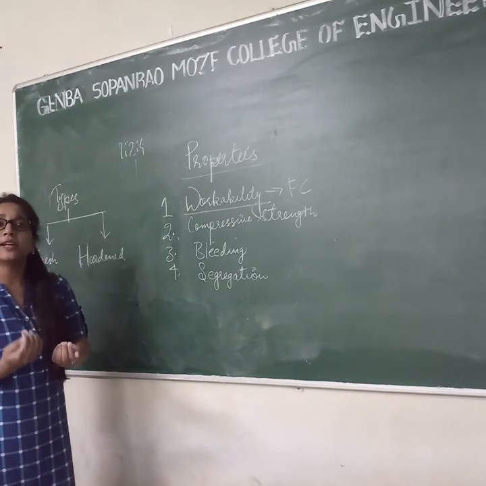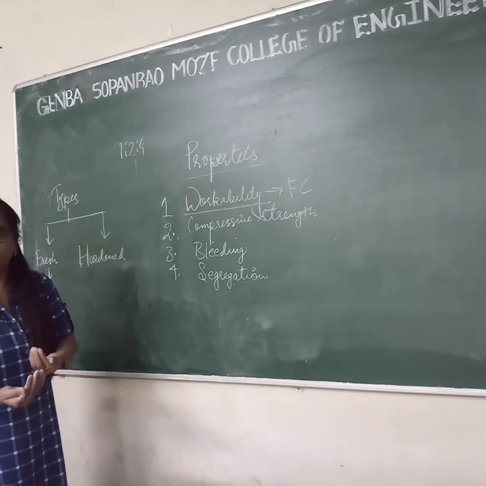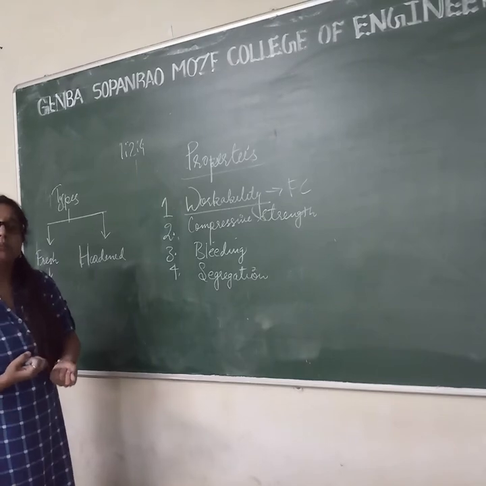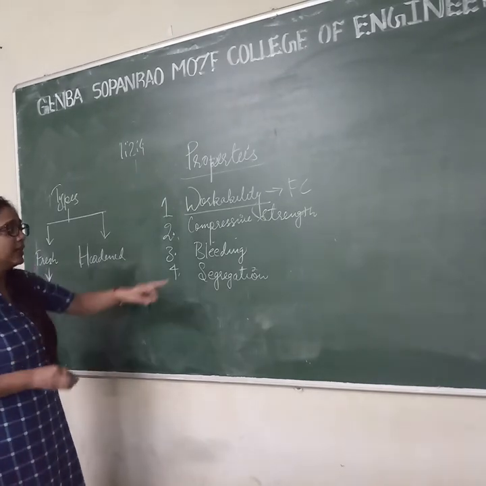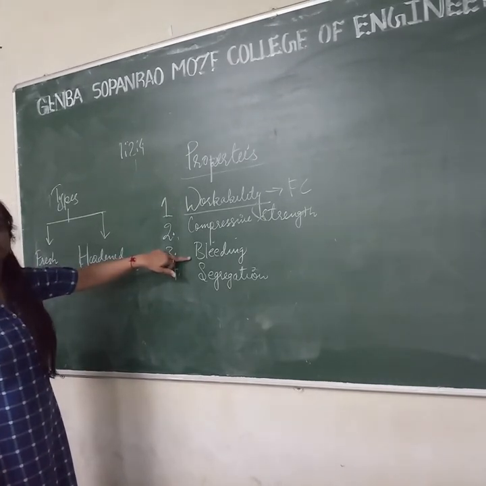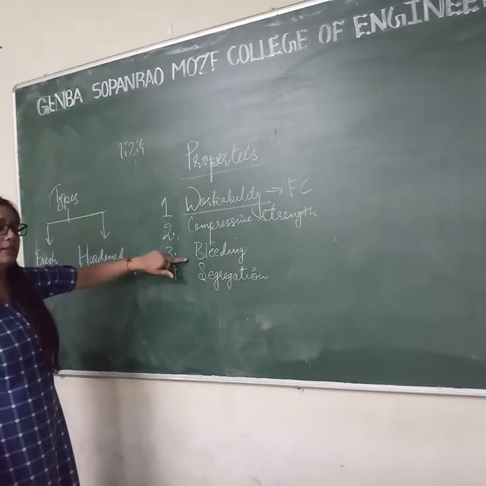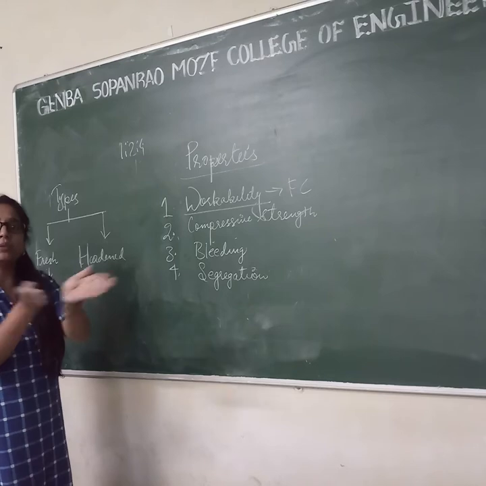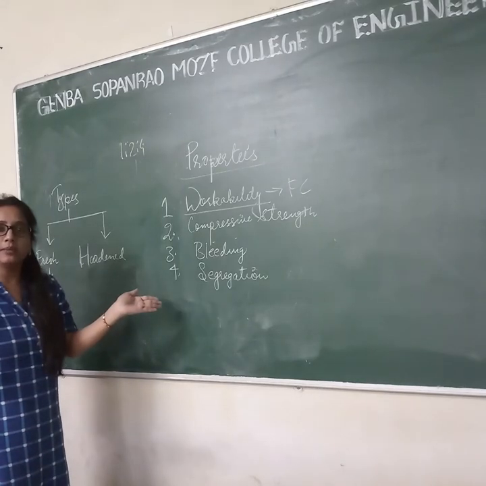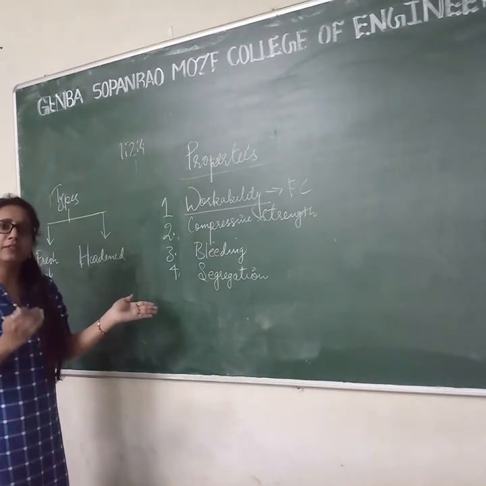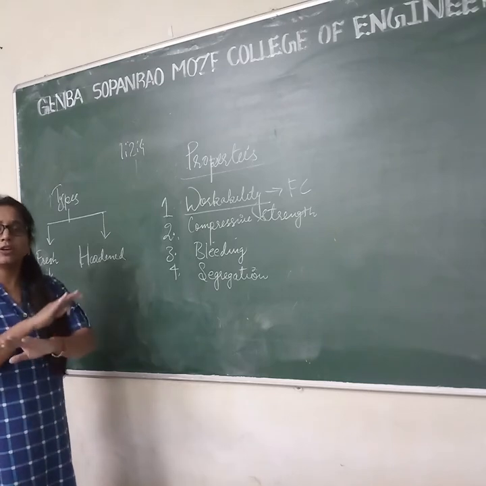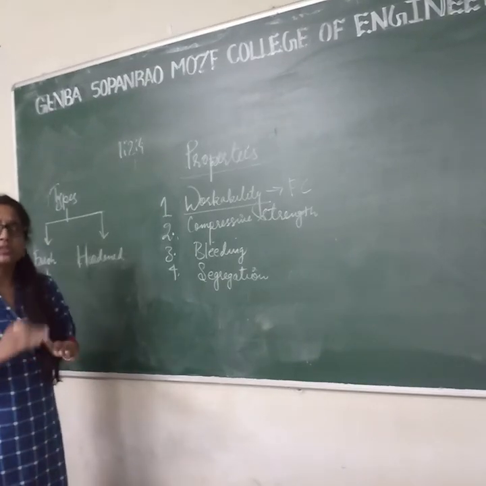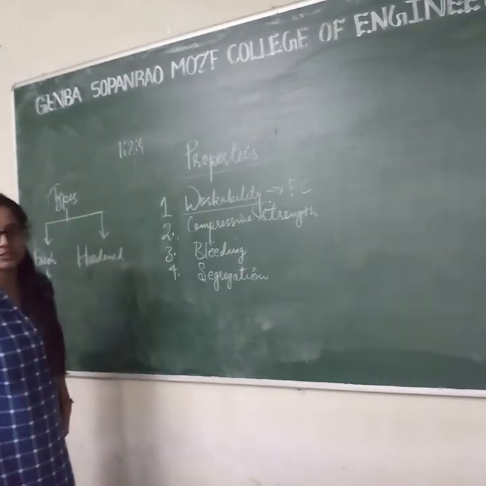Sometimes water comes out from the concrete. When the water comes out from the concrete, it will cause bleeding. It means water comes out from the surface and ultimately your concrete will fail, or you cannot use that concrete for construction purposes.